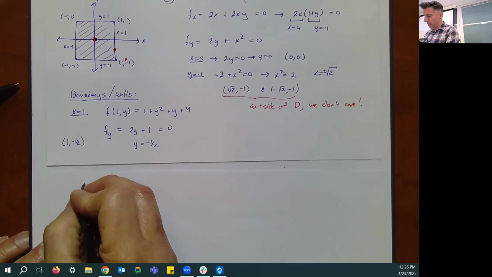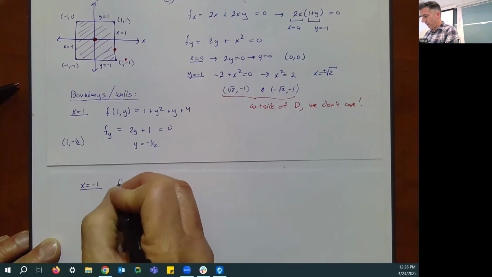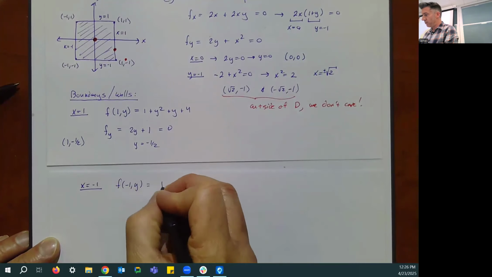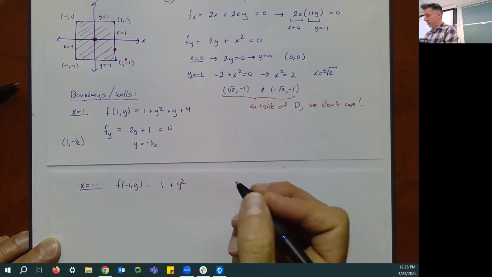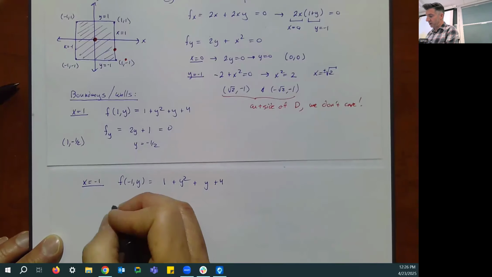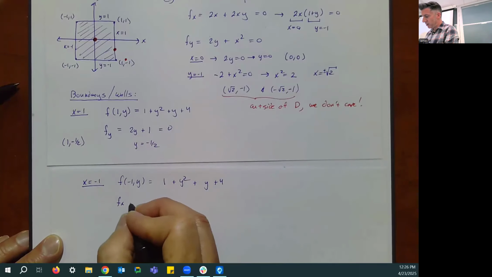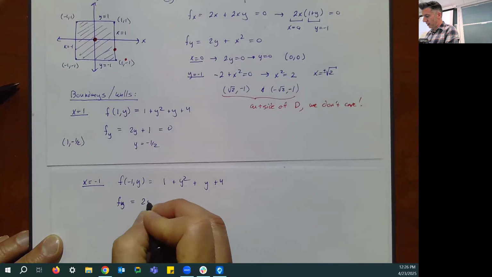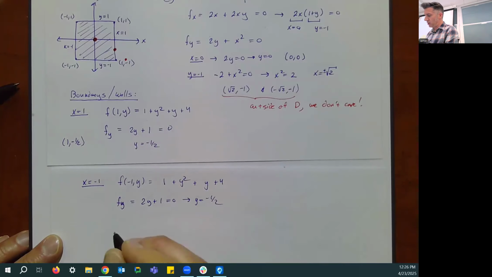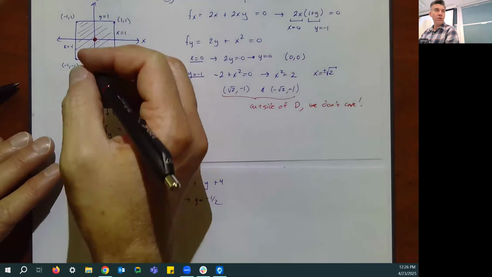So if we set x equal to -1, our f of (-1, y) is going to be (-1) squared, which is still 1. y squared is still y squared. x squared is still 1, so I get 1 times y plus 4. And if I take the partial derivative, it's going to be exactly the same as up here. My fy is going to be 2y plus 1. If I set that equal to 0, I'm going to get y equal to -1/2. So I also have a boundary critical point at (-1, -1/2), up over here.